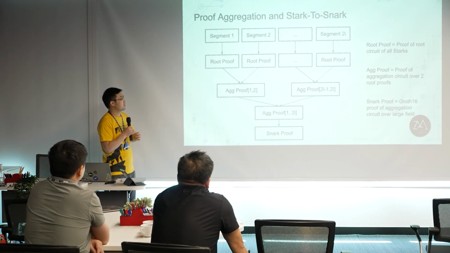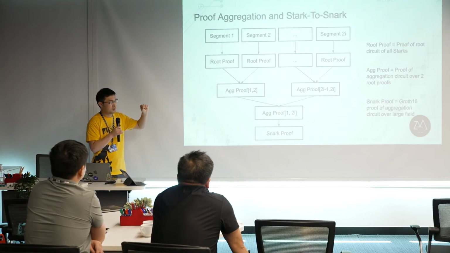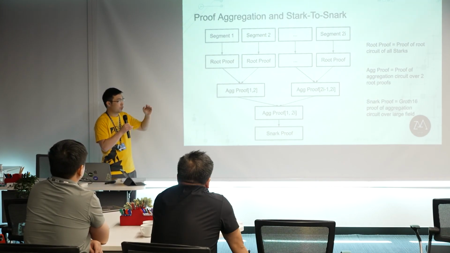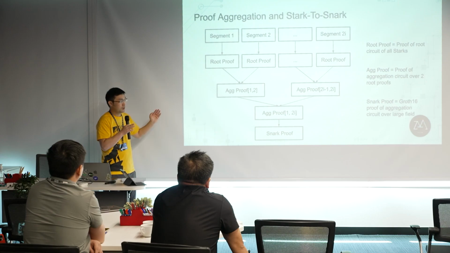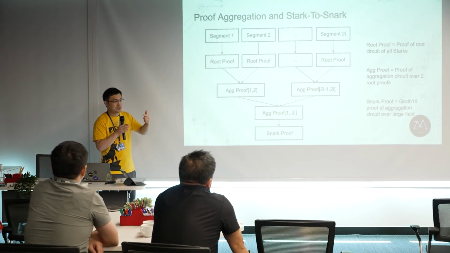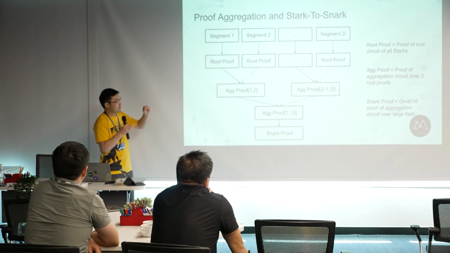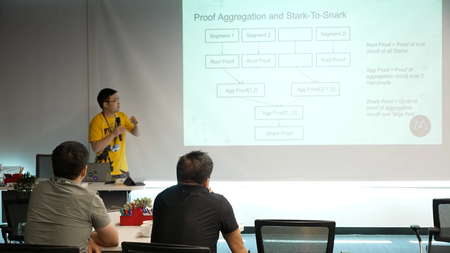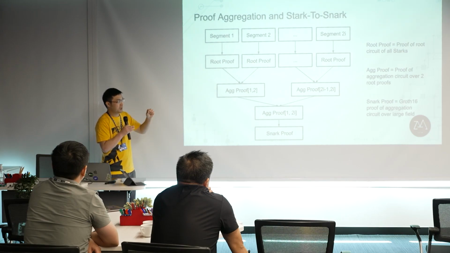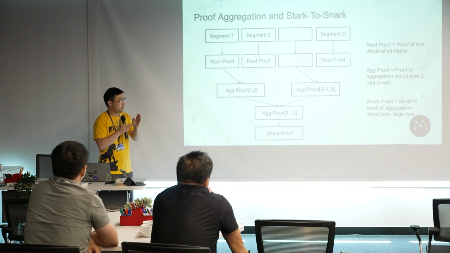We split the segments, and we generate the root proof. Why do we say it's the root proof? The root proof is basically the aggregation proof for all the STARK tables. We have the sub-tables, we have the lookup table. Each STARK table will produce a STARK proof, and we need to aggregate these proofs first before we aggregate the proofs for different segments.